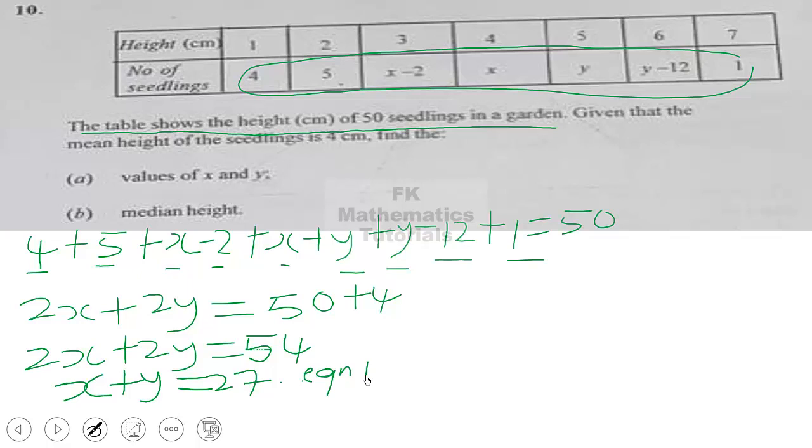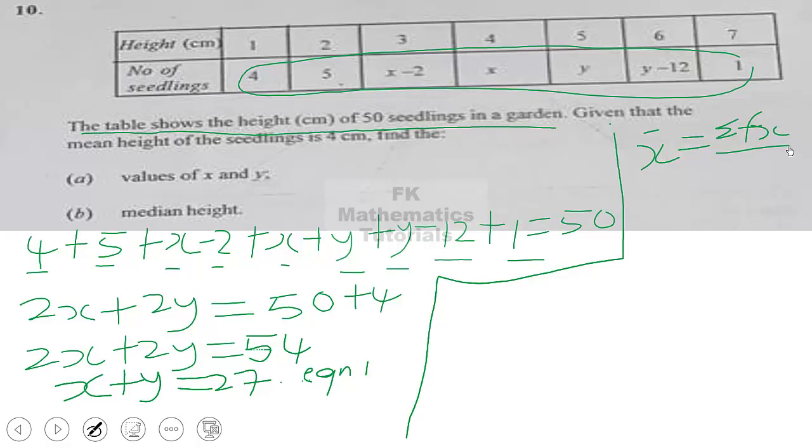Then also we're told that the mean height is 4. So we are going to use that to get another equation. Mean is equal to the total of frequency times height, all over total frequency.